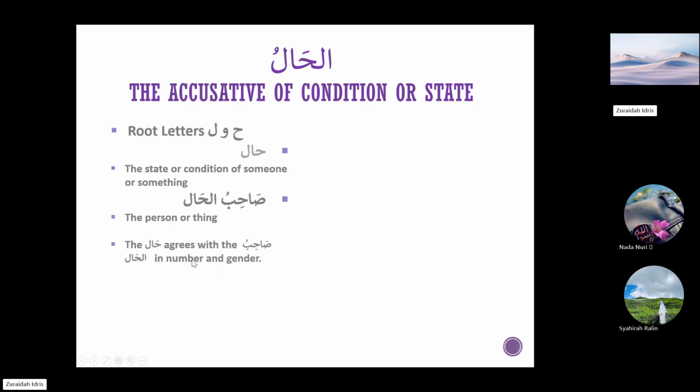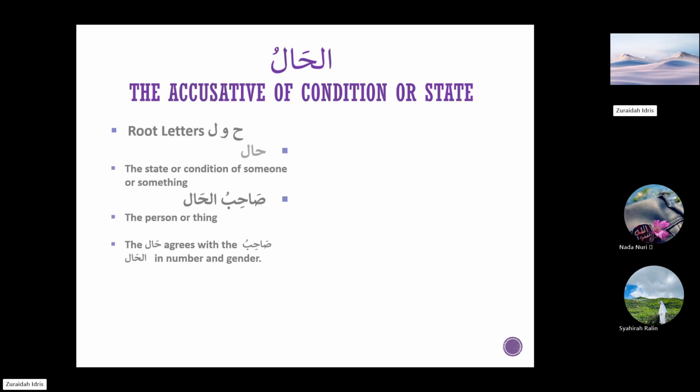And the hal will agree with the sahibul hal in terms of number and gender. So if we're talking about two people, then it will be the condition of two people. A group of people, the condition of a group of people. If you're talking about ladies, then it will be ladies, men, men. So this is how it goes. It can't be otherwise, isn't it? It wouldn't make sense.